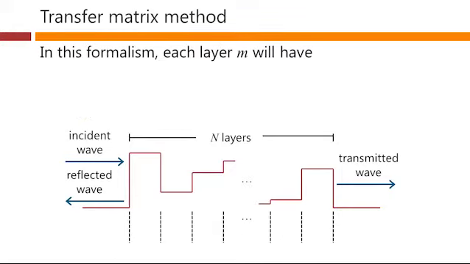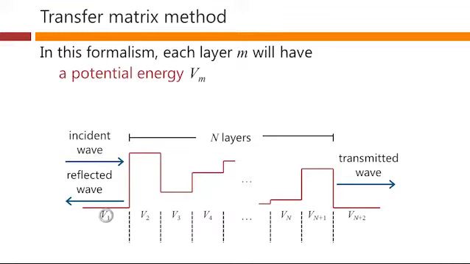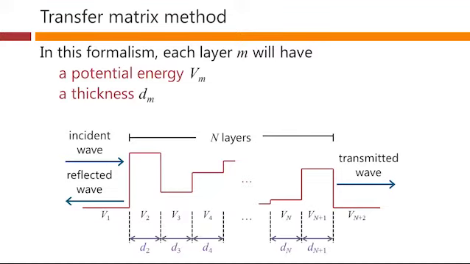So in this formalism, each layer will have a potential energy, Vm. So here are my various potentials here. In this case, we will probably choose V1 and Vn+2 to be the same. And a thickness, dm. So the thickness of layer 2 is d2, the thickness of layer 3 is d3, and so on.